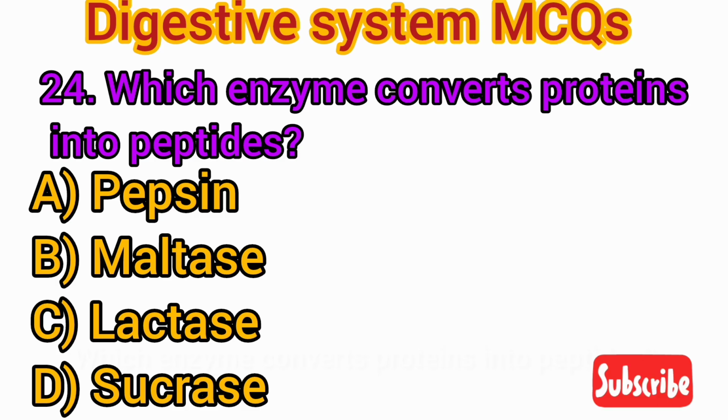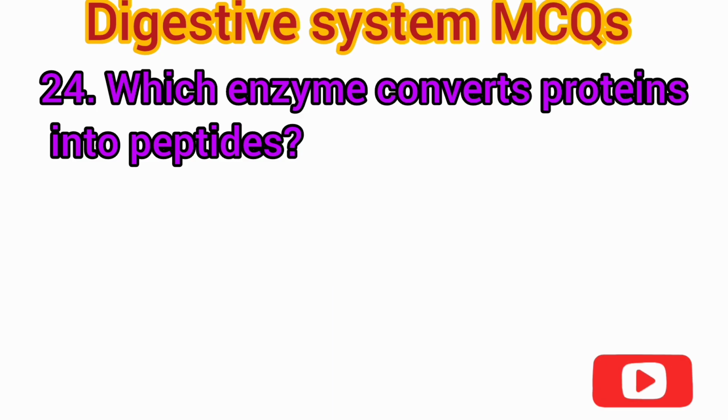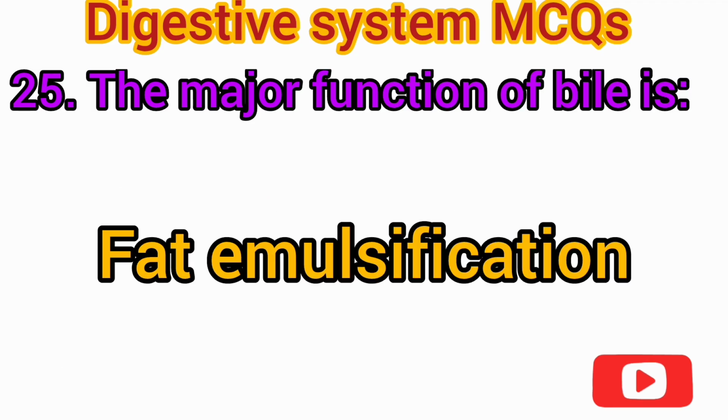Which enzyme converts proteins into peptides? Pepsin. The major function of bile is... fat emulsification.